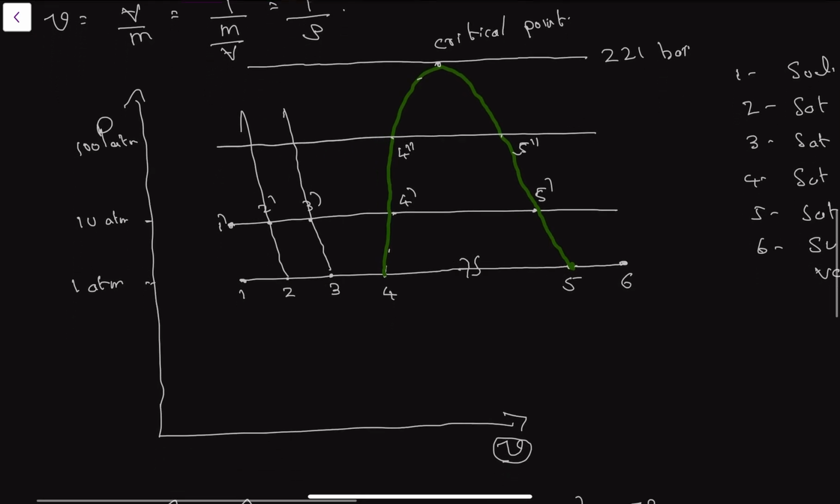One more thing, so now let us draw it to this side. Okay, so if you draw downward, you will get like this.